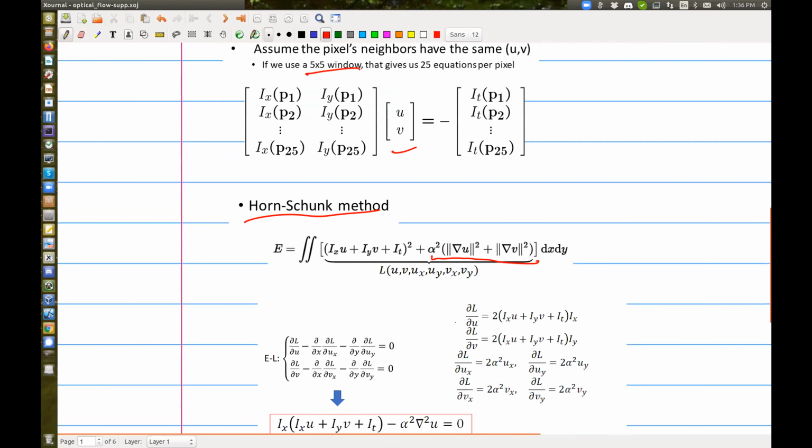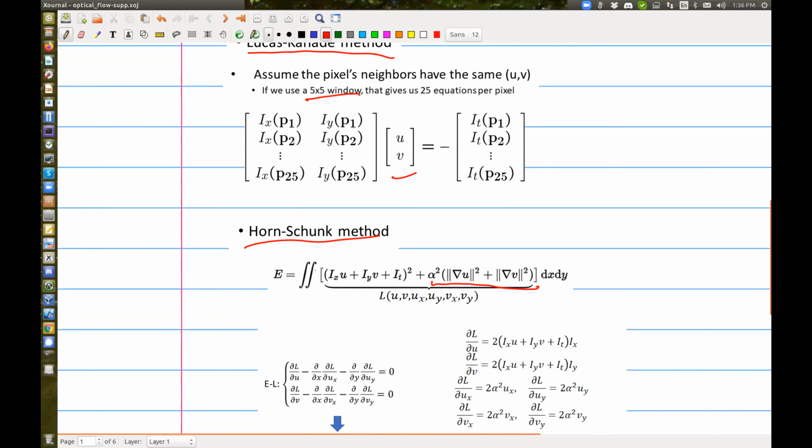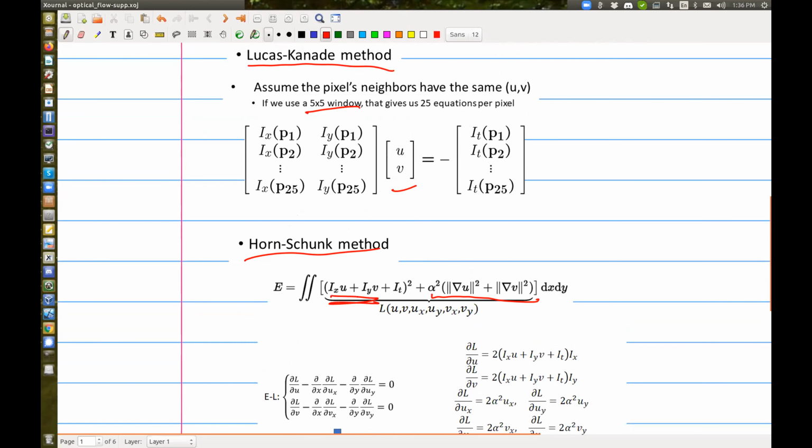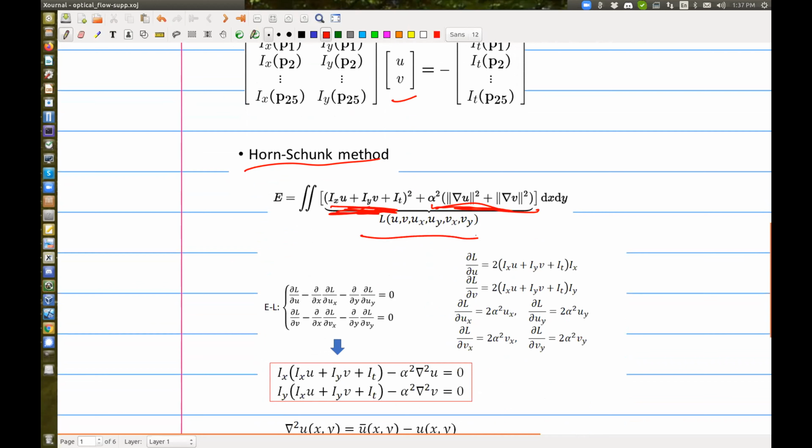This is a very typical engineering approach: you add a regularizer to your optimization problem, and then try to minimize the total. This value is supposed to be zero, so we sum-square all of this and minimize that, added with this additional constraint. And as we talked about last time, this is a typical Euler-Lagrange problem.